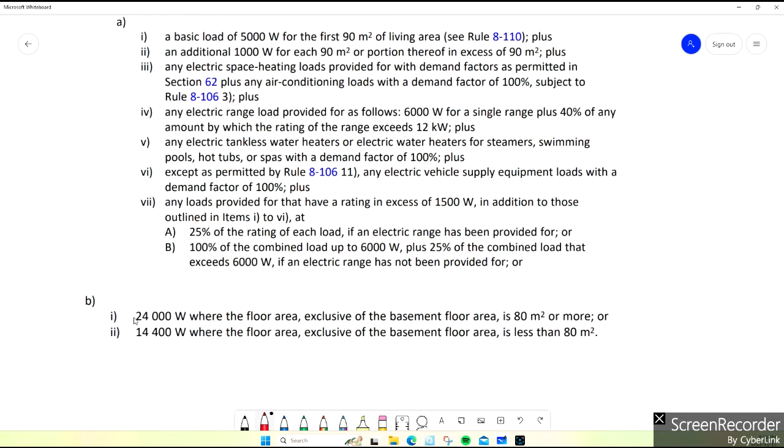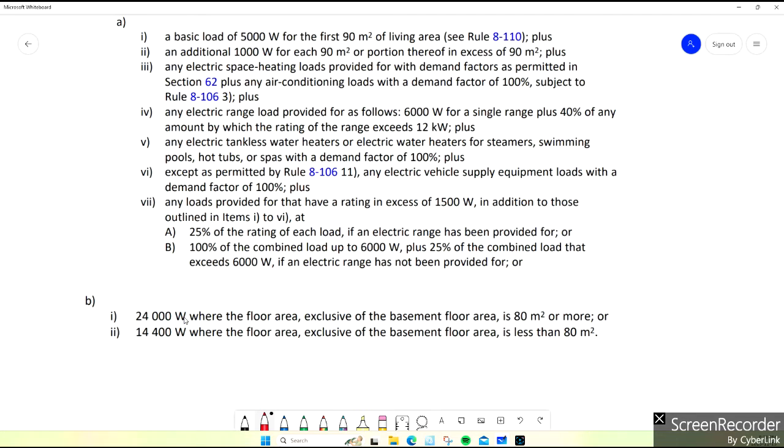Okay? So, exclusive of the basement, if your usable floor space is 80 meters squared or more, it's a minimum 100 amp service. And then for the second one, if it was less than 80 square meters, then you would take 14,400, divide that by 240, and you'd see that minimum service size would be 60 amps.